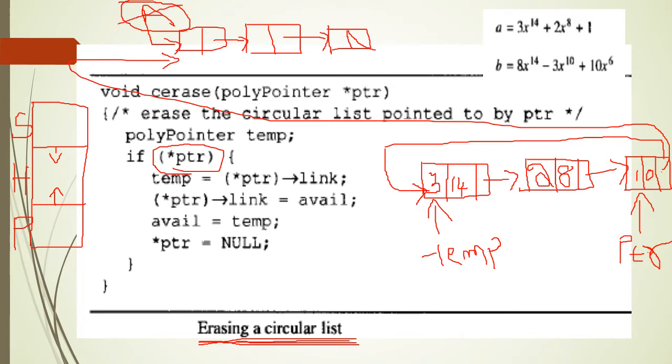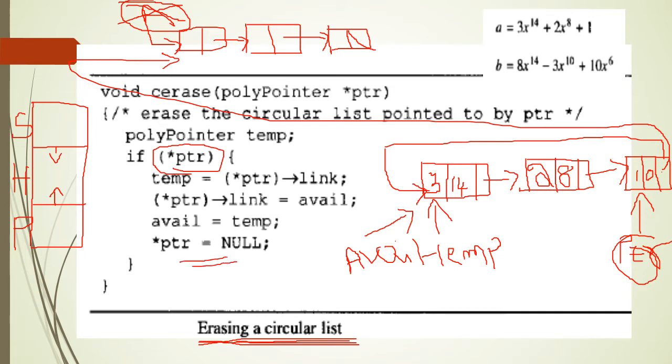So make avail point to this, because this is the first node which points to the availability list. Then PTR is equal to null. Make PTR null because after deleting this list, no nodes are available in memory now. We have already freed all of them, therefore PTR is equal to null.